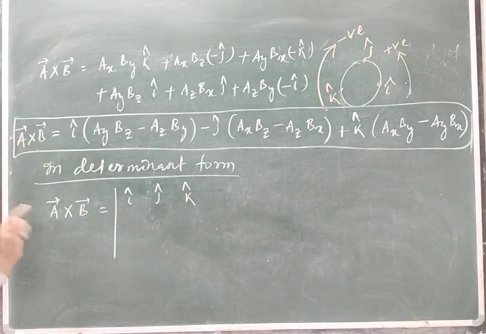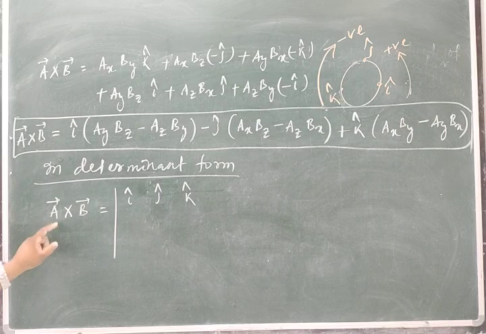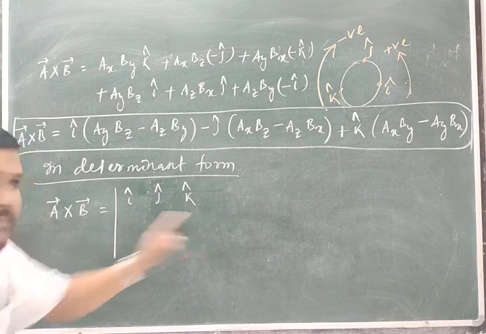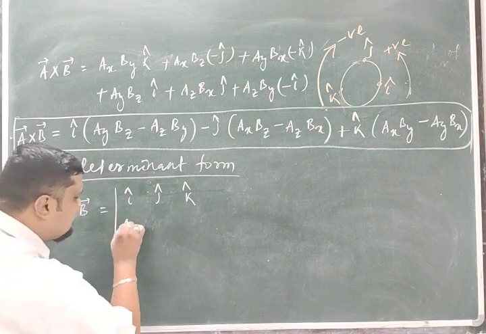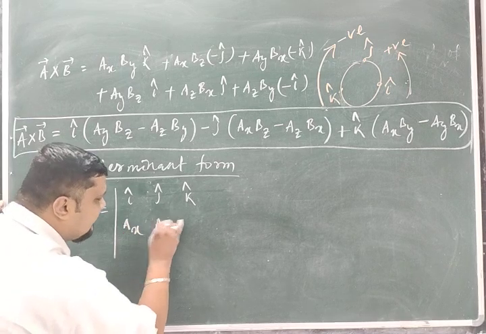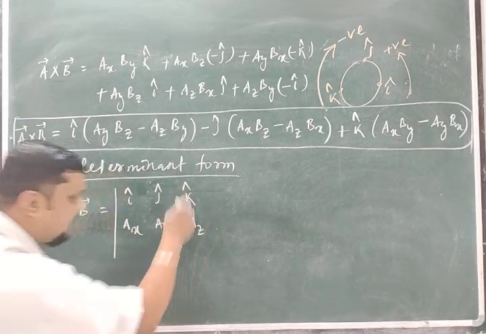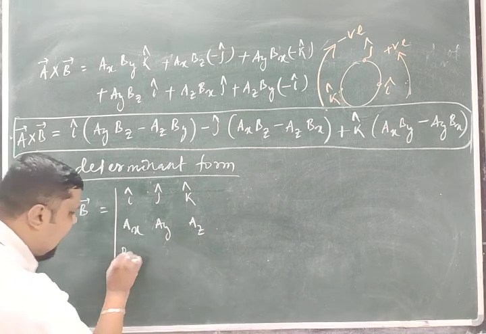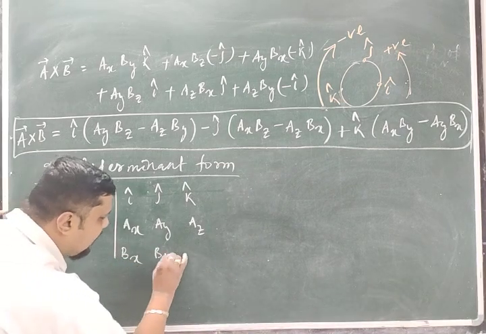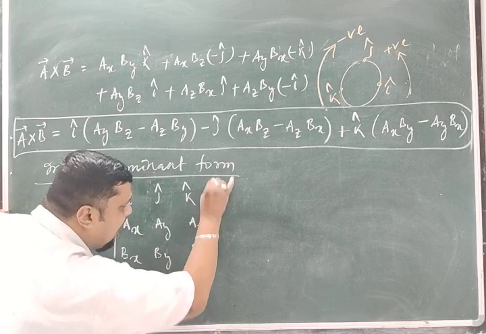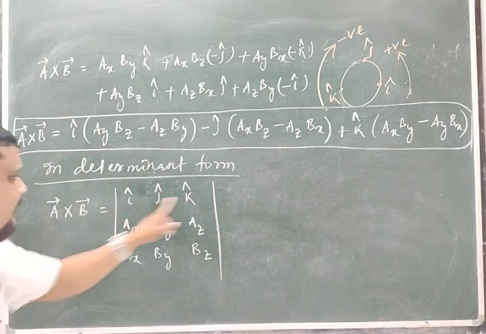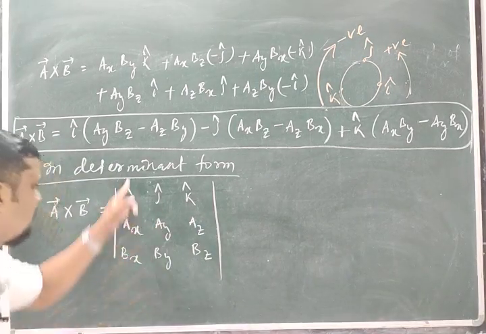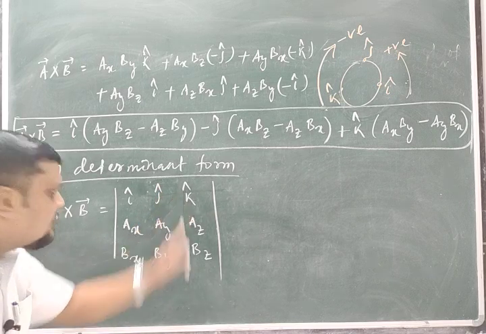Then the coefficients of A are the second row, because A cross B: ax, ay, az. Then write the coefficients of B in the third row: bx, by, bz. So now you have first row, second row, third row, first column, second column, third column.